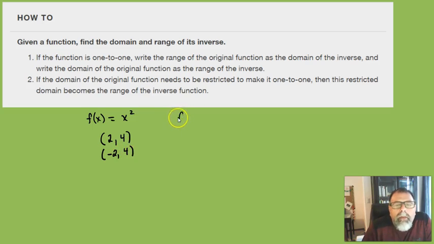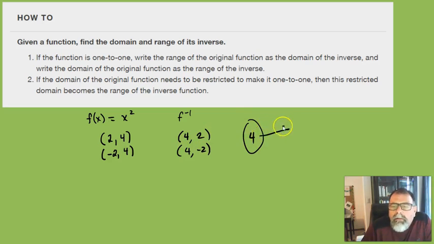So if I want to do f inverse and I switch this, it would be 4, 2, and then 4, negative 2. So we have this repeated x value that has, remember from our arrow diagrams early on, 2 output values, so this is not a function. We get 2 and negative 2, so it's not a function.